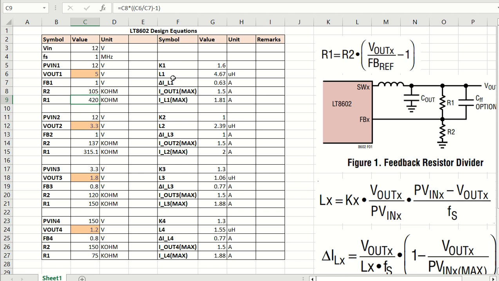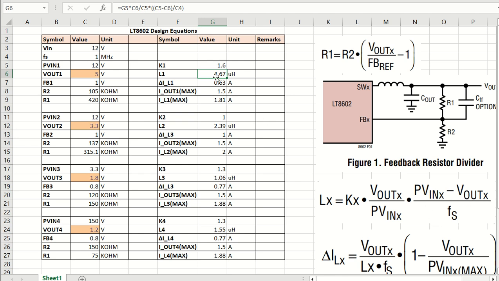Coming back to the inductance calculation, there are K1, K2, K3, K4 values from the datasheet, which are 1.6, 1, 1.3 and 1.3. The inductor value can be calculated with this formula: Lx is equal to Kx into VOUTx divided by PVINx, into (PVINx minus VOUTx), divided by Fs. Fs is 1 megahertz.